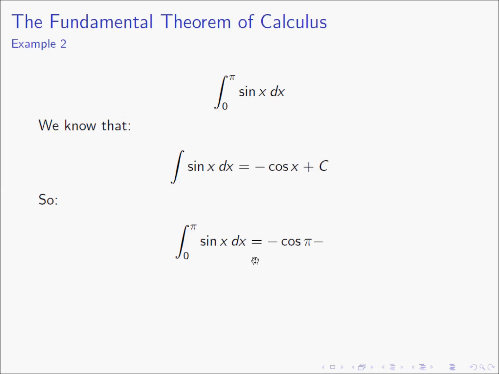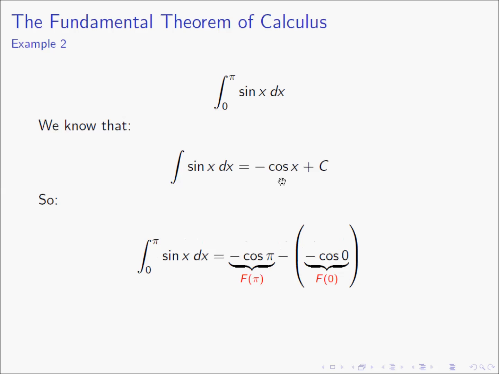Using the theorem, we have that this definite integral equals F of pi minus F of 0. This term here is F of pi, that is F evaluated at the upper limit, and we get minus cosine of pi, minus the primitive evaluated at the lower limit, which in this case is 0, so we get minus cosine of 0.